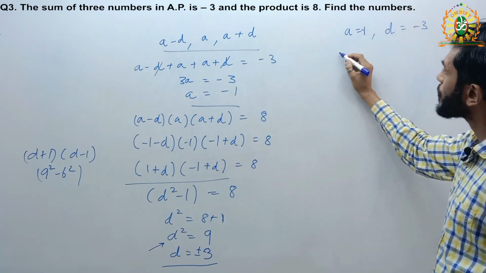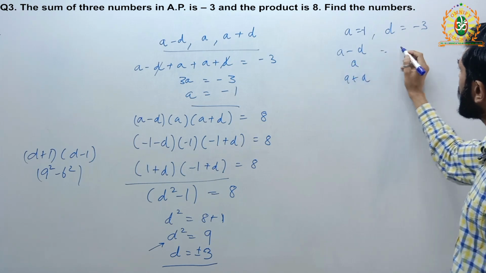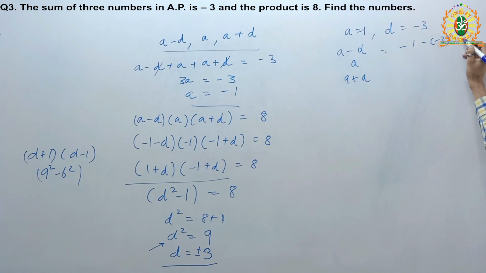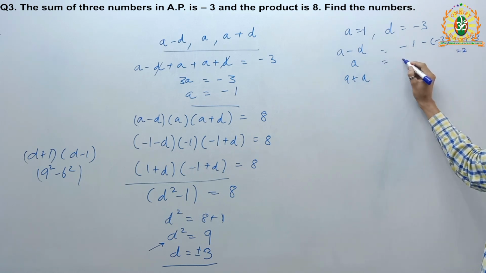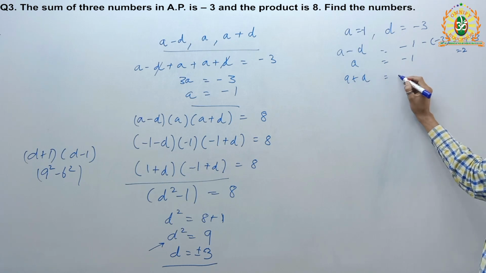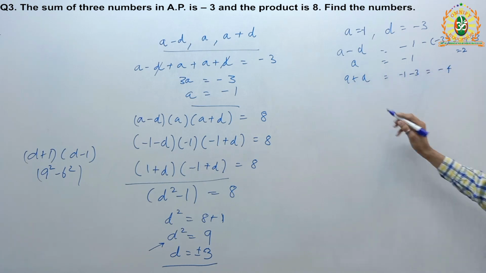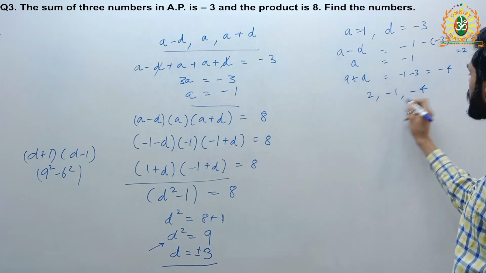So your three numbers, a minus d, a and a plus d, are minus 1 minus of minus 3, which will be minus 1 plus 3. It would be 2, and a would be minus 1, and here a plus d would be minus 1 minus 3, and it would be minus 4. So your three numbers would be 2, minus 1 and minus 4.